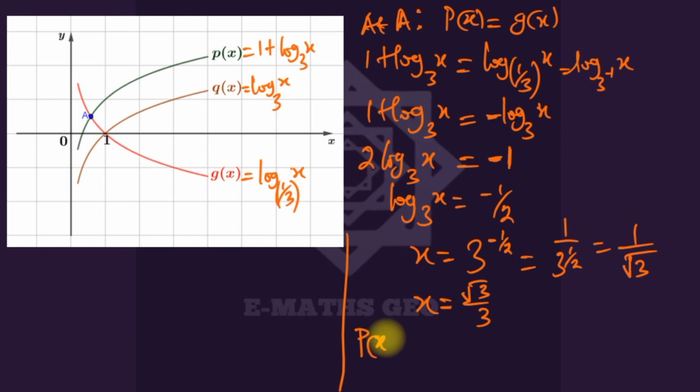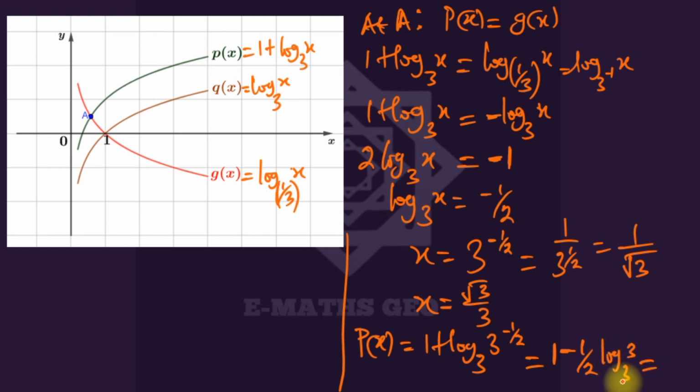Therefore, P of X is now equal to 1 plus log base 3 of x, and our x is 3 raised to the power minus half. I will use this so that it will be easy for the answer. So which is 1 plus, we used our third law, 1 plus the power here, minus half, times log 3.